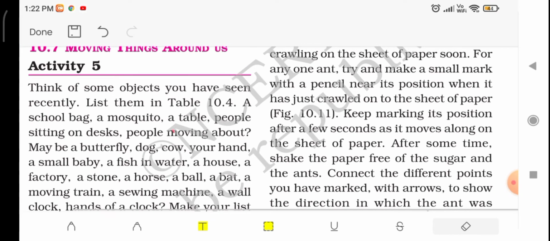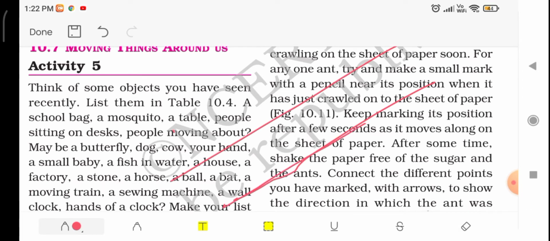Suppose you see one tree on a roadside. Suppose this is the road, and here are some trees. If yesterday also you saw this tree here, today and last year also this tree was in the same place, will you say it is in motion?